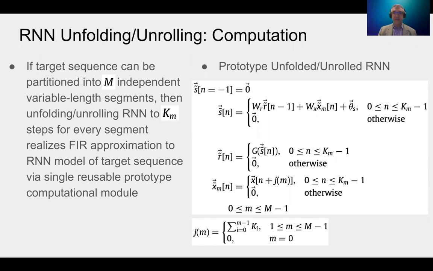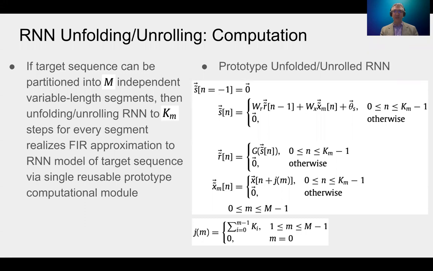In fact, if the assumption of mutual independence at the level of the segments of the target sequence is satisfied, then the RNN unfolding computation can be accomplished by the same reusable module.